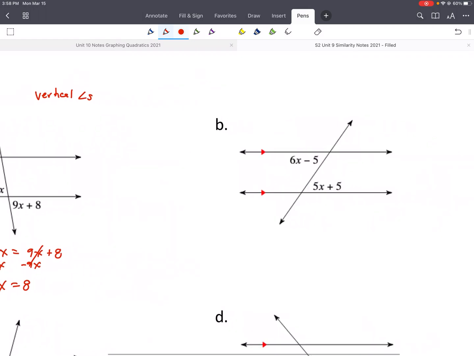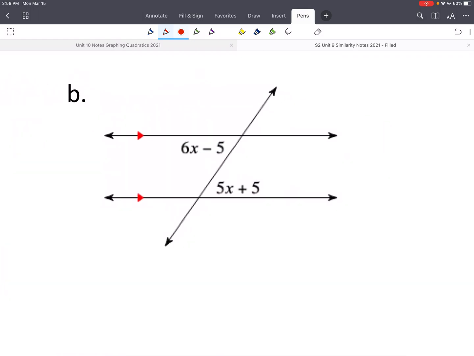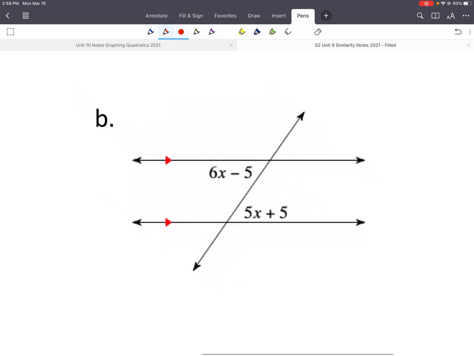Here's another example. These are alternate. They're not on the same side, and they're interior. But again, they are congruent. So we know that 6x minus 5 is equal to 5x plus 5. So we could subtract 5x from both sides, and that leaves us with x.